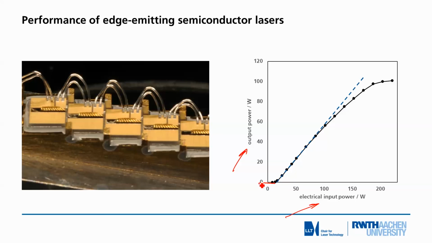In the beginning, of course, we have 0 up to a certain threshold, and from this threshold on we have a linear increase of the number of photons as shown in the blue dotted curve. In reality, we have some deviation from that, which is due to thermal effects in the active medium and to resonator instabilities in terms of the density of the excited states in the semiconductor, which tells us we need more complex models to describe this behavior.